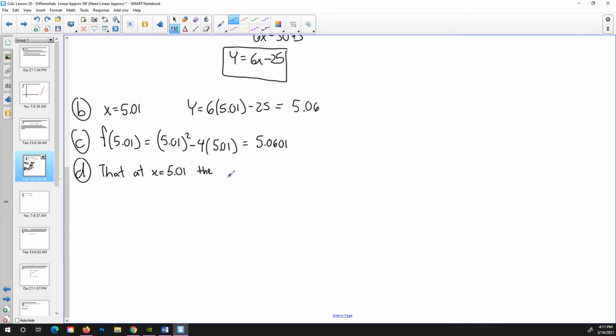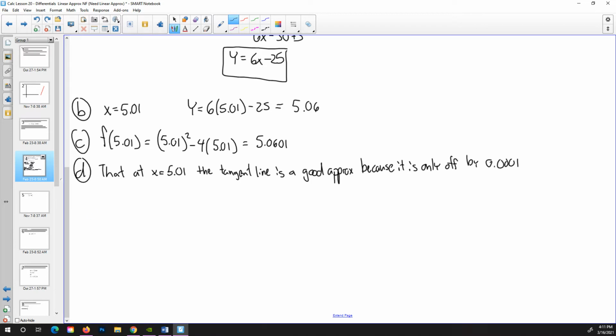The tangent line is a good approximation because it is only off by 0. Let's see here, 1, 2, 3, 1.